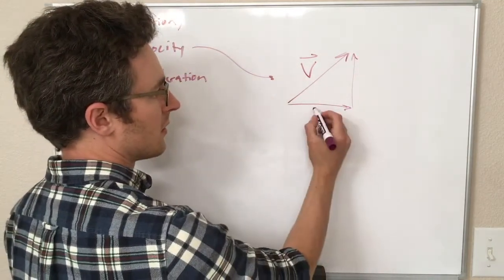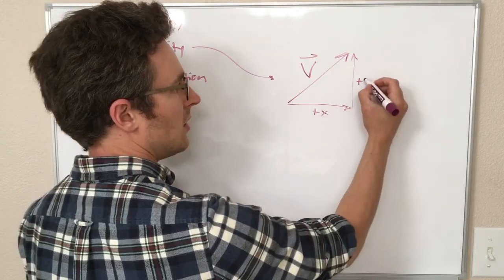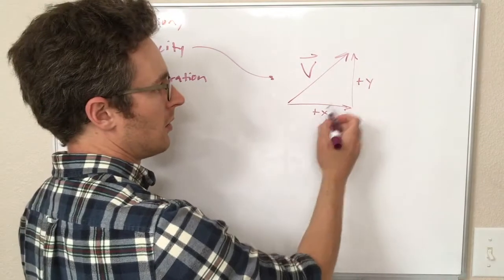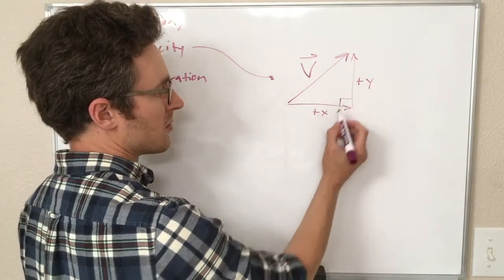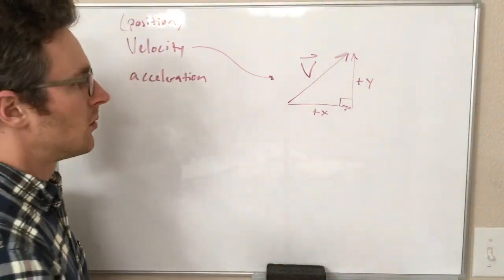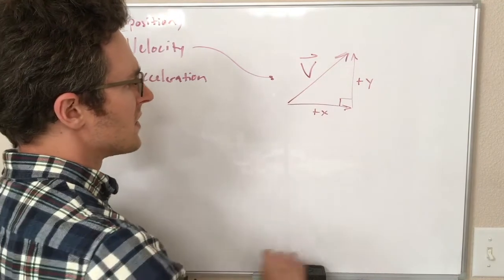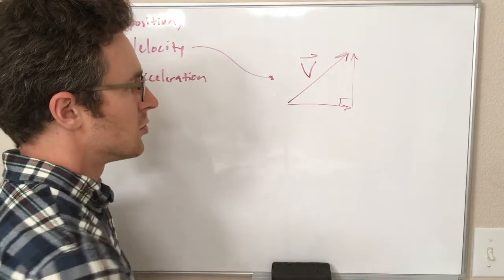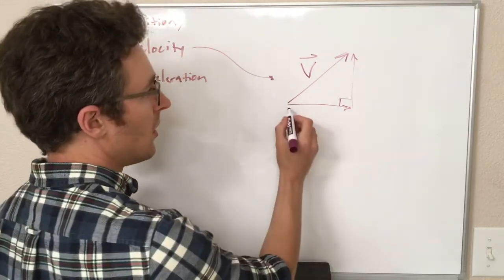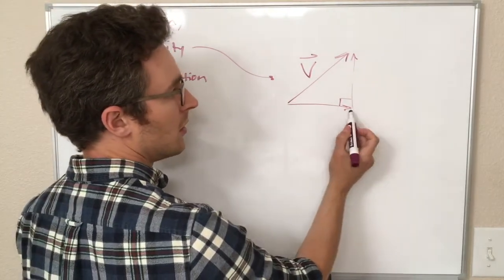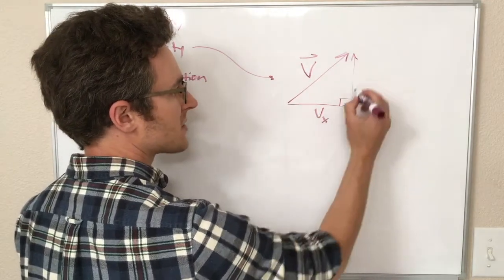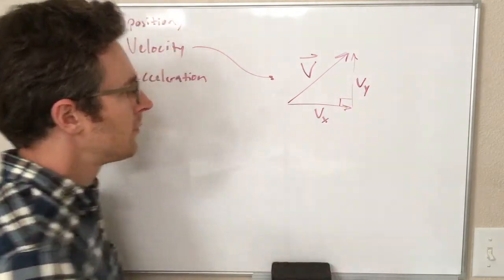In this case, this is in the plus x direction, this is in the plus y direction, and we know that the x and the y are perpendicular, so they're at 90 degrees to each other. So what that gives us is we can separate this vector into 2 parts or components, a part that is only in the x direction and a part that is only in the y direction. And we call those components Vx and Vy.